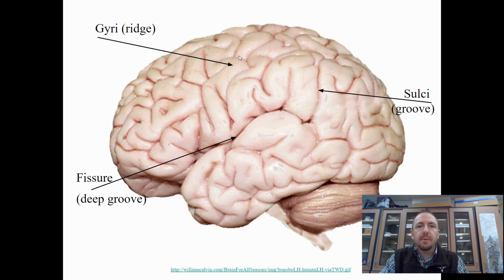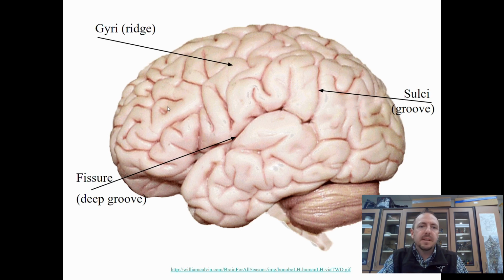If we look at a brain, we notice all of these ridges and these valleys. Those ridges are called gyri, or gyri, either or. I've heard it pronounced both ways. And then the valleys are the sulci.